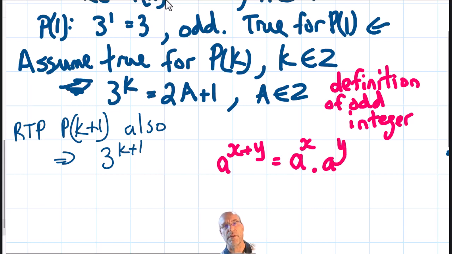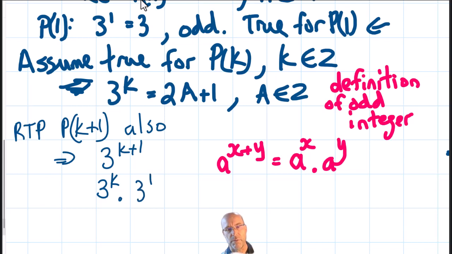Index law number 1, they sometimes call that one, and we can do that here. So this would be 3 to the k times 3 to the 1, or we could say that it's 3 times 3 to the k. We can swap the order around because it's multiply, and 3 to the 1 is merely 3.